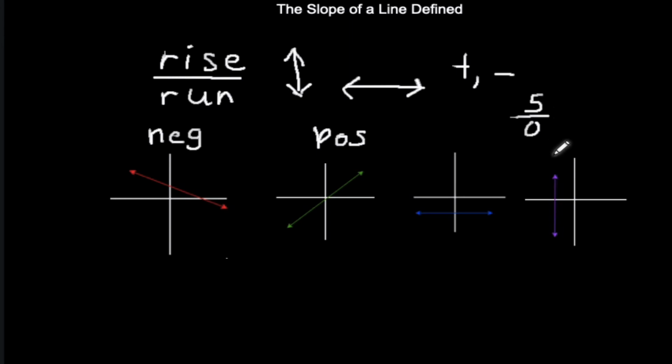So that's why this is undefined. There isn't an answer. It doesn't make sense. It's undefined. That's all it is. Not a number answer, put it that way. And I forgot to write this as zero slope. So this is 0. And then this one, I said it's undefined. So we'll just put UND for short.